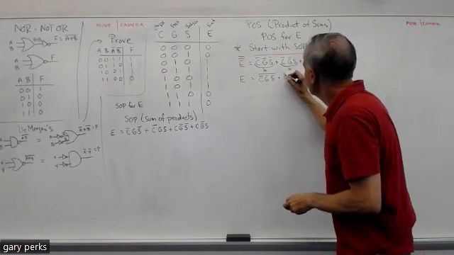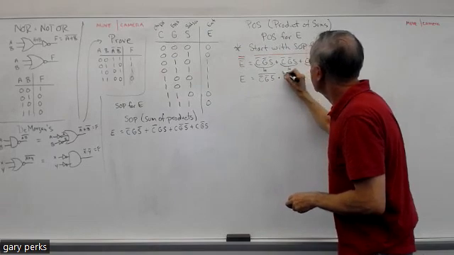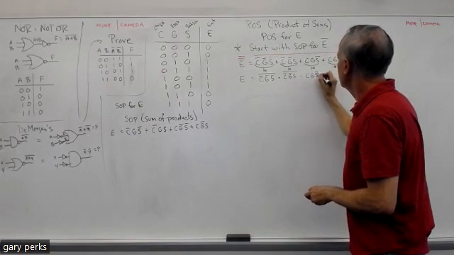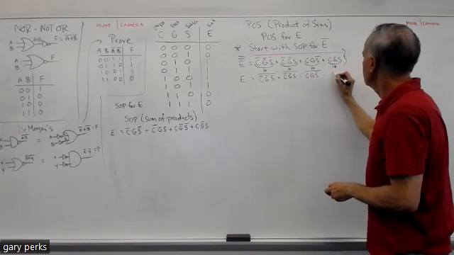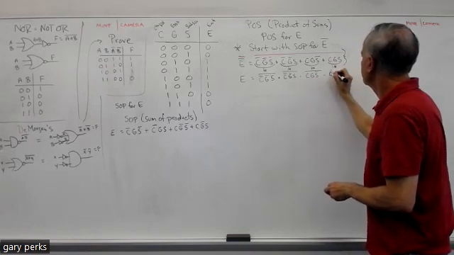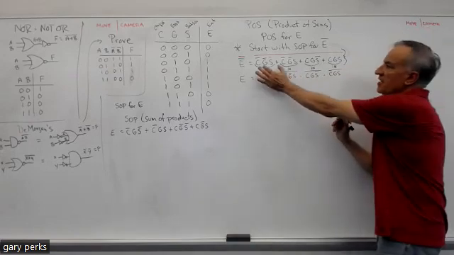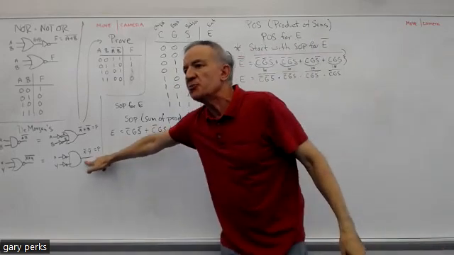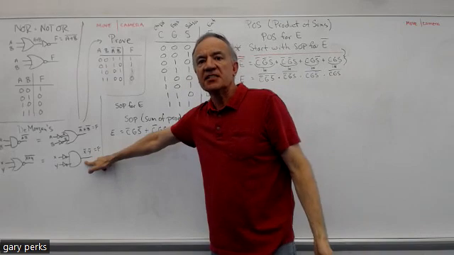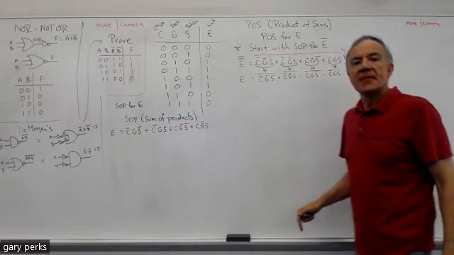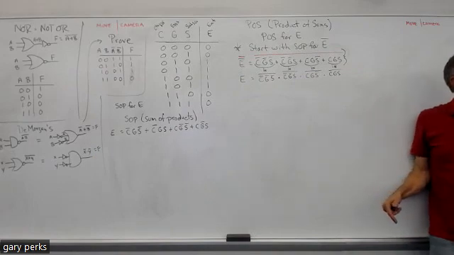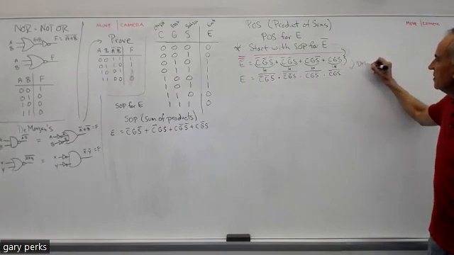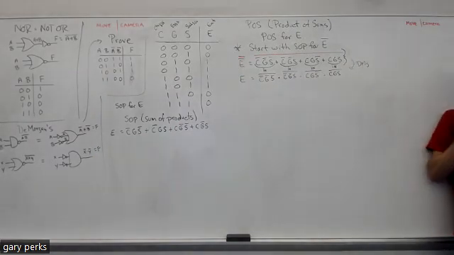So this would be not C, not G, S, all inverted, ANDed with C, not G, not S, all inverted, ANDed with C, G, S, all inverted. So you see what I did? I took each of the inputs, I inverted them, and then I ANDed them together. That's exactly what De Morgan's tells us is the equivalency: a NOR gate is equal to an AND with the inputs inverted. So you see, we did De Morgan's here. Does everybody see that?